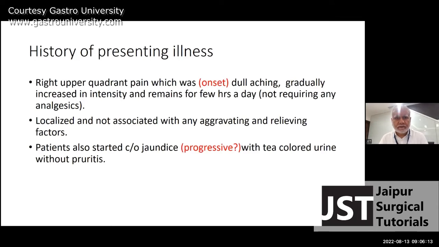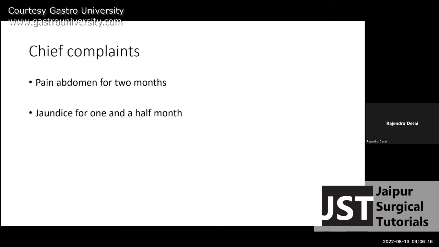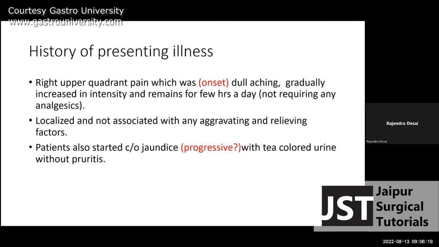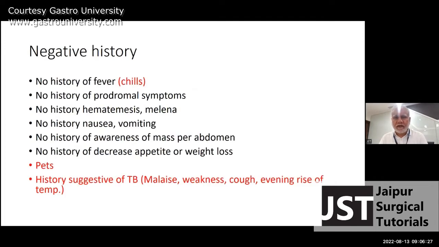Go back. Okay, next. Fine. Next, go to the negative history and just explain what you had in mind when you asked these. So first, the fever associated with chills to rule out cholangitis, and prodromal symptoms to rule out hepatitis, and hematemesis and melena to rule out portal hypertension, and nausea and vomiting can be associated with any hepatobiliary pathology, biliary colic, to rule that out.